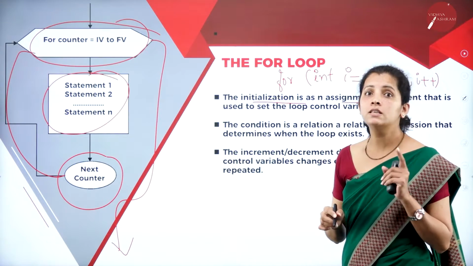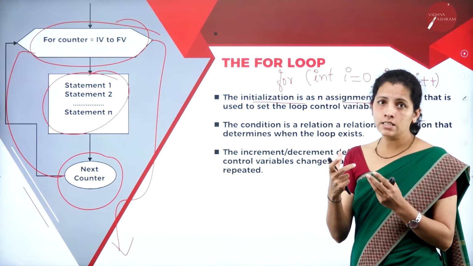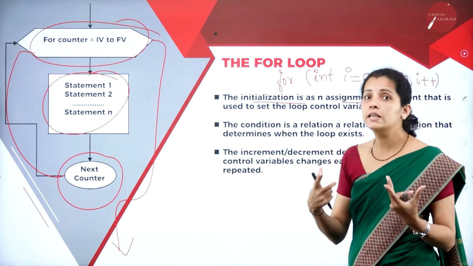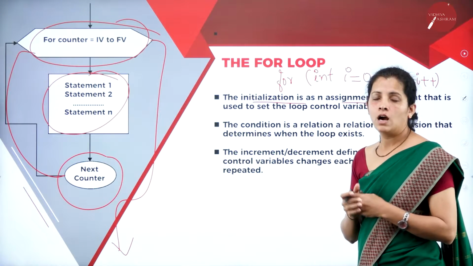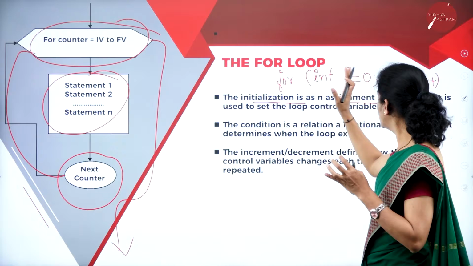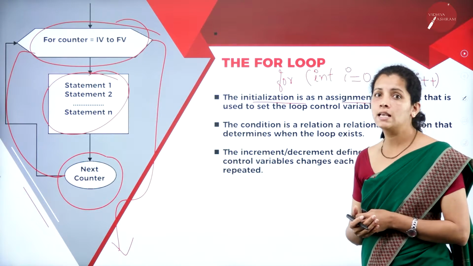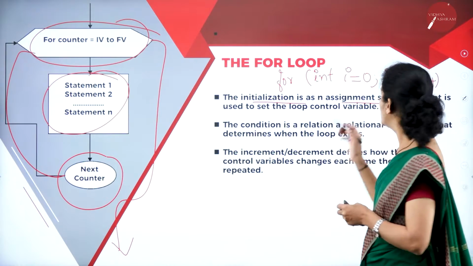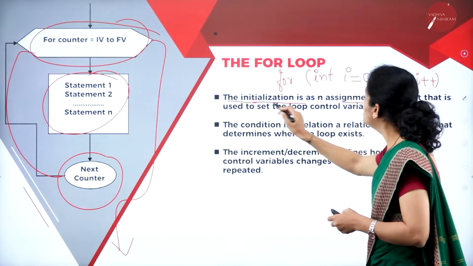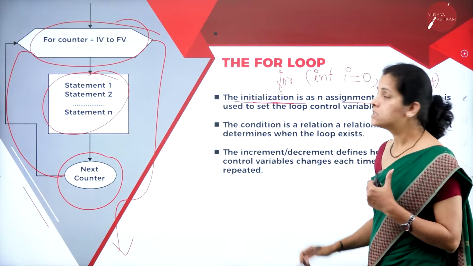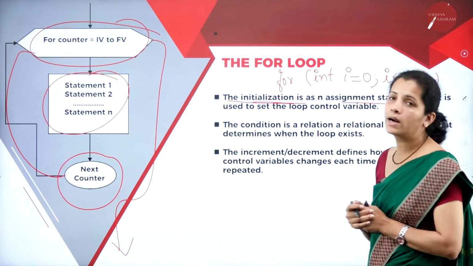Dear student, just remember one thing here: to differentiate initialization, condition as well as increment and decrement, I am going to use the semicolon. And the initialization is an assignment statement that is used to set the loop control variable.